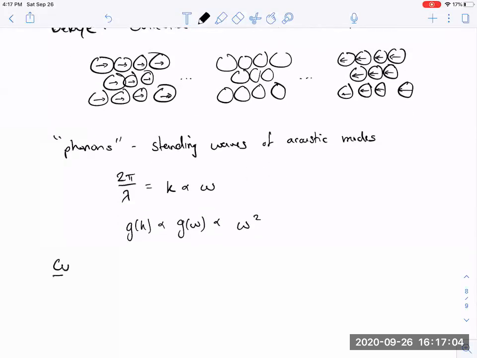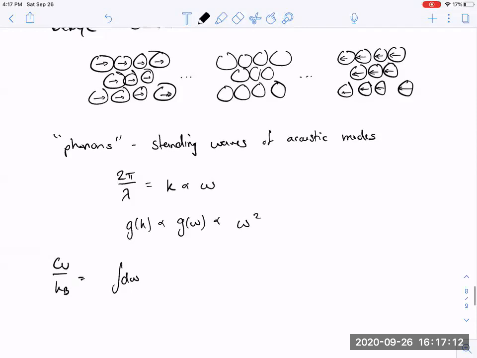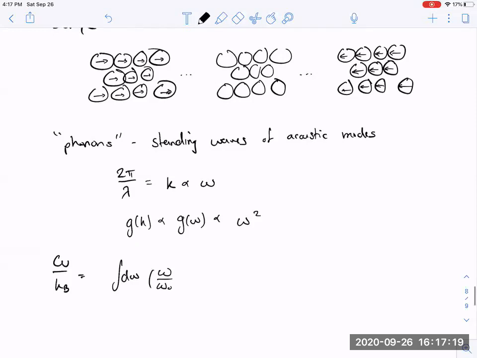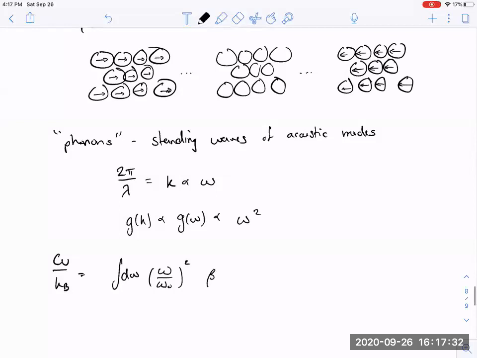So C_V per k_B in Debye's model would be an integral over omega relative to some characteristic frequency, now known as the Debye frequency, squared. That's the g of omega term up to some constant factor that's been put into that omega naught. You have the energy gap, beta h bar omega squared, and that Boltzmann factor, like so.